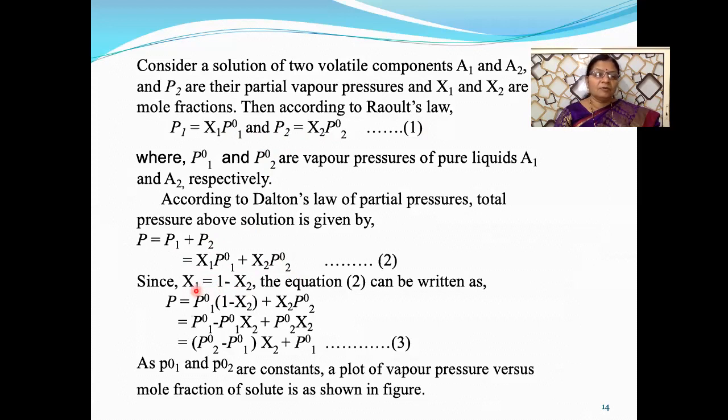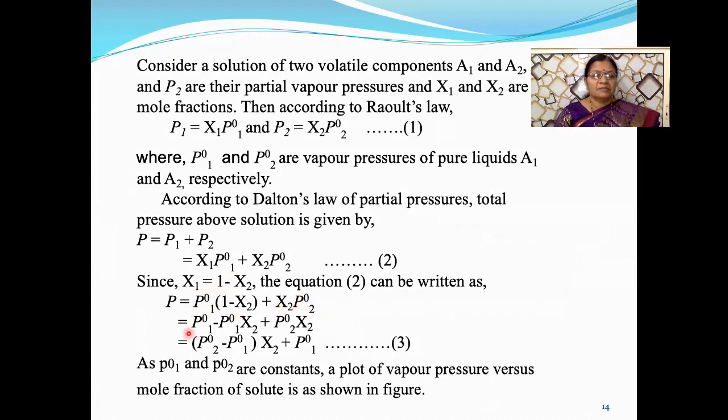So the value of X1 becomes 1 minus X2. Put this value of X1, the mole fraction of the first component, in the above equation. It becomes total vapor pressure P is equal to P01 into (1 minus X2) plus X2 P02.